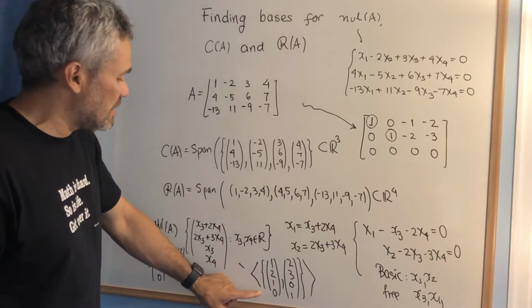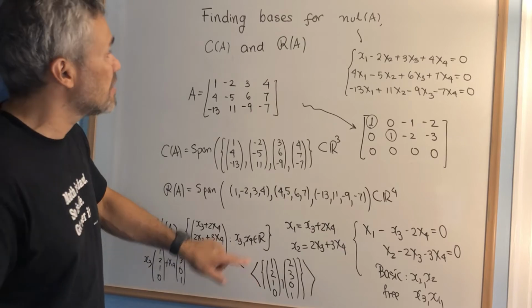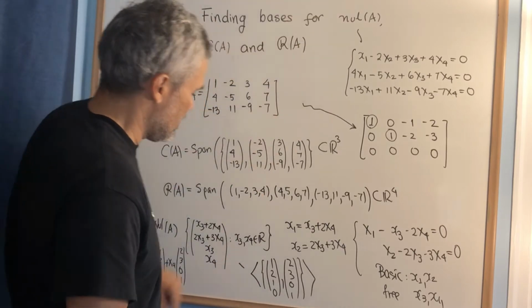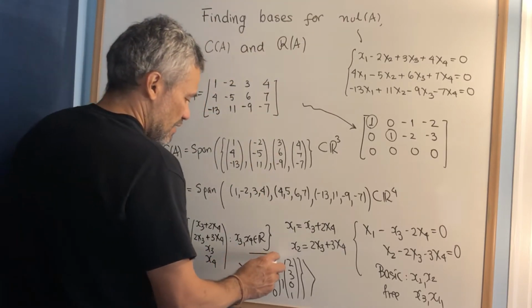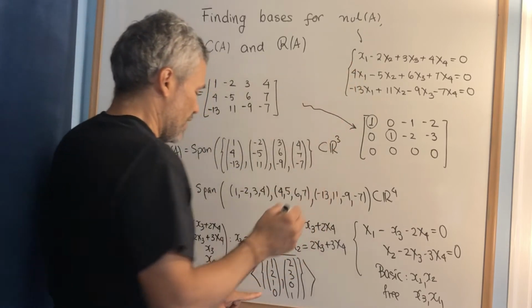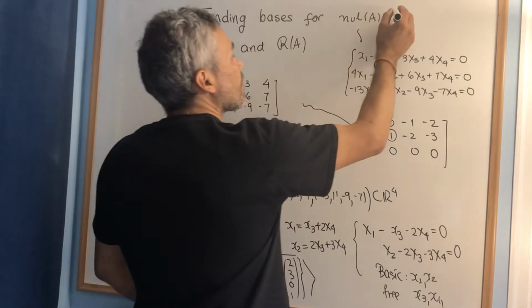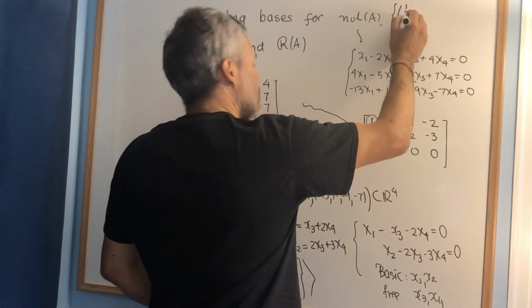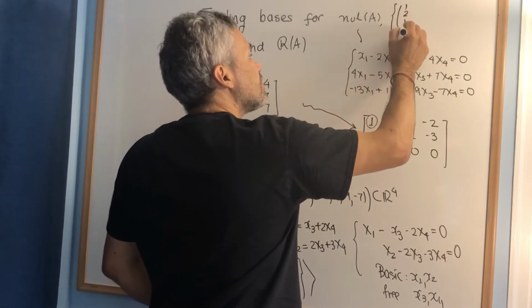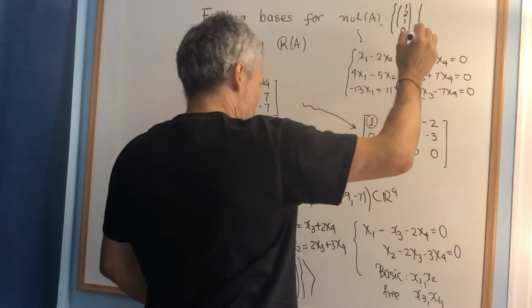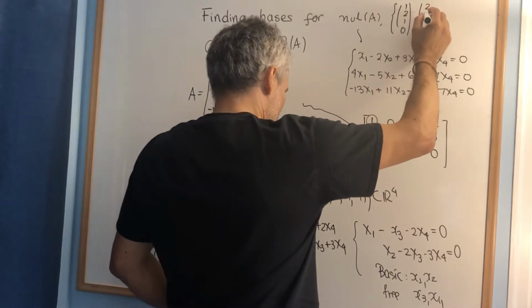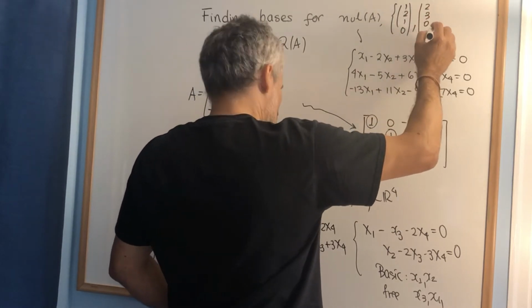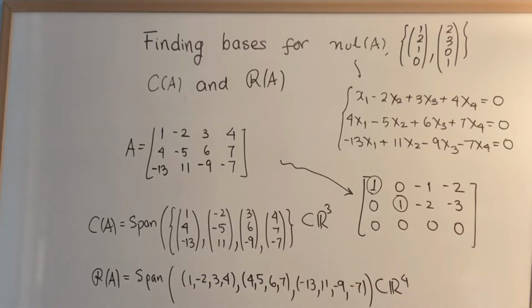And that means that a basis for the null of A is given by these two vectors, right? Then a basis is (1, 2, 1, 0) and (2, 3, 0, 1).